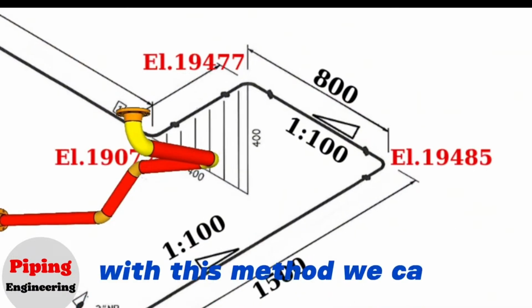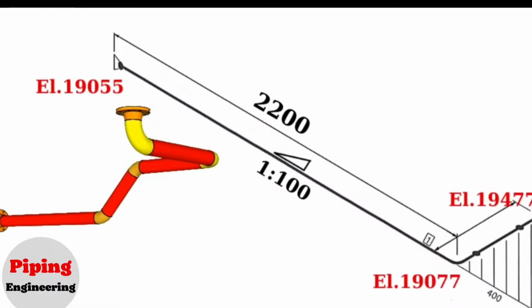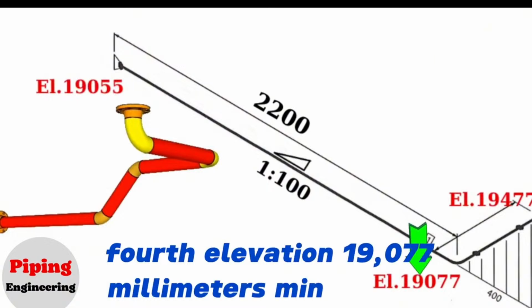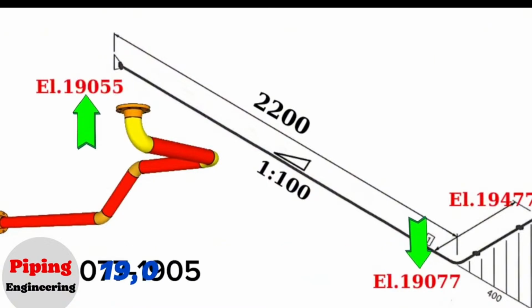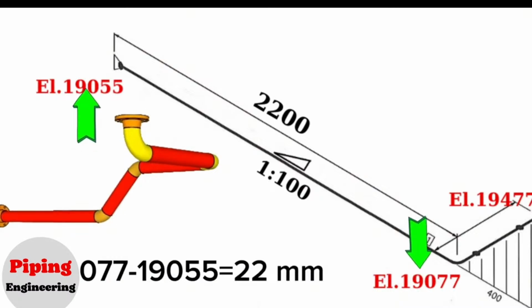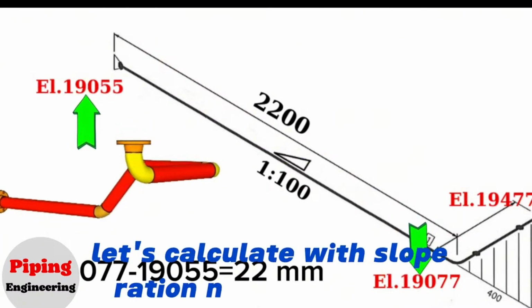With this method we can calculate the difference of the levels in the fourth and fifth rotations. Fourth elevation 19,077 mm minus fifth elevation 19,055 mm equals 22 mm. Let's calculate with the slope ratio now.